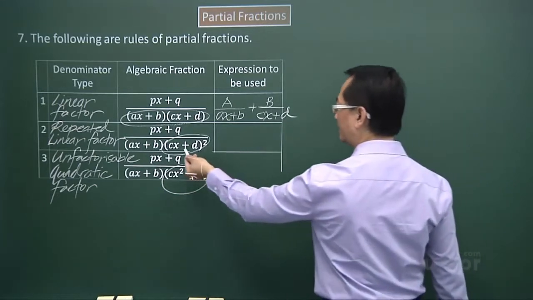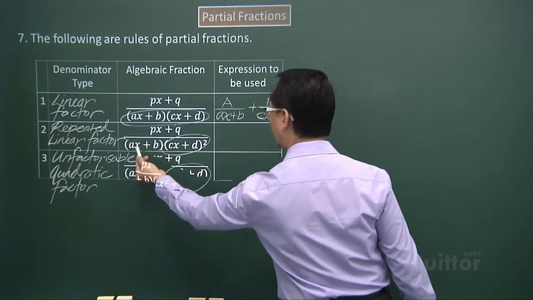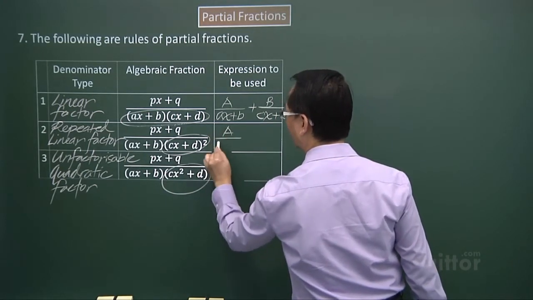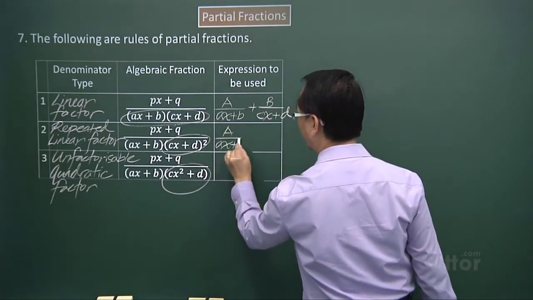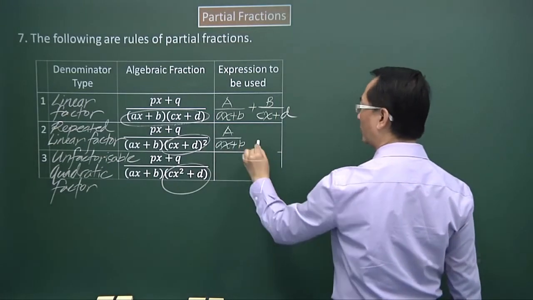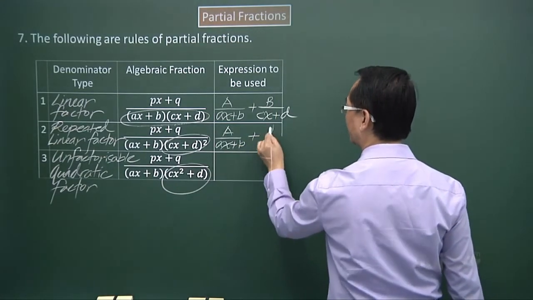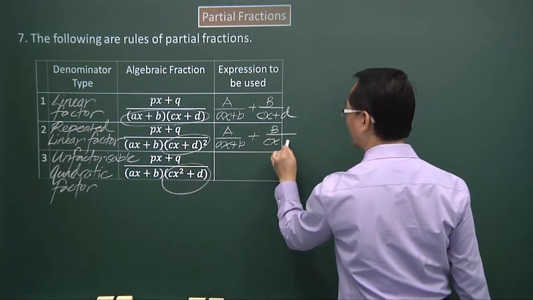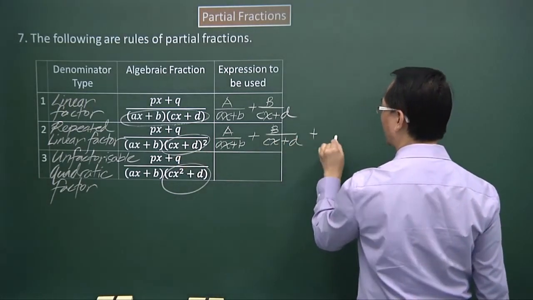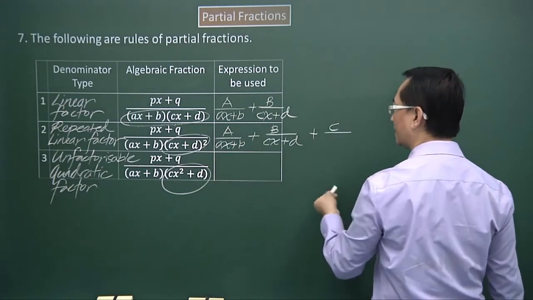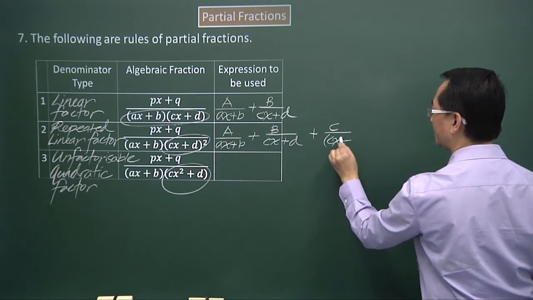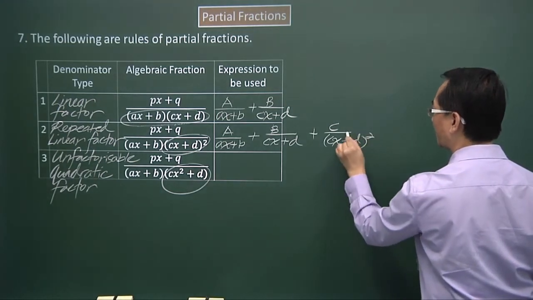As for this one, I'll begin with the linear factor first, A over ax plus b, followed by B over this factor cx plus d. But I have the third constant over cx plus d squared.